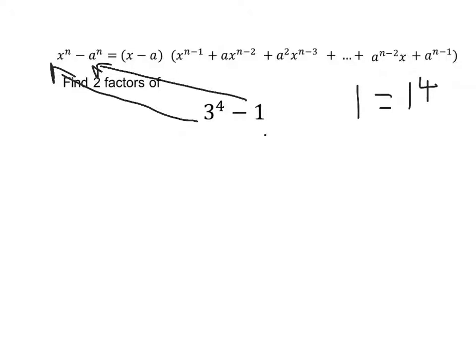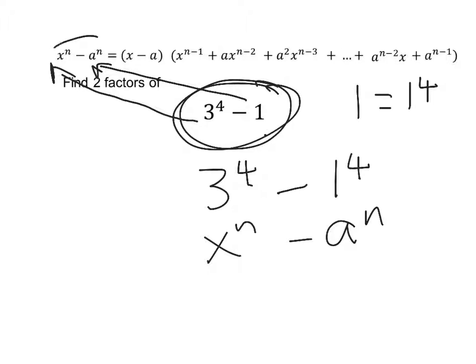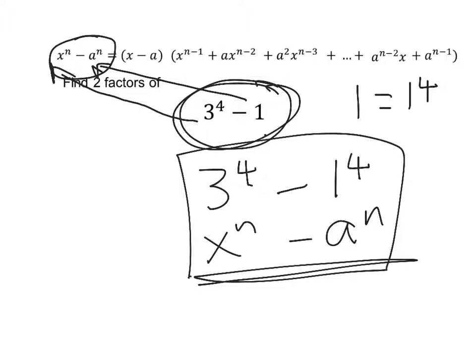So on the next screen, I'm going to show you that this expression can be written like 3 to the power of 4 minus 1 to the power of 4, which matches x to the power of n minus a to the power of n. That is the idea, just being able to rewrite whatever is given to you to match this left side of the identity. Okay, so on the next screen, I'll show you how this is being converted to that.